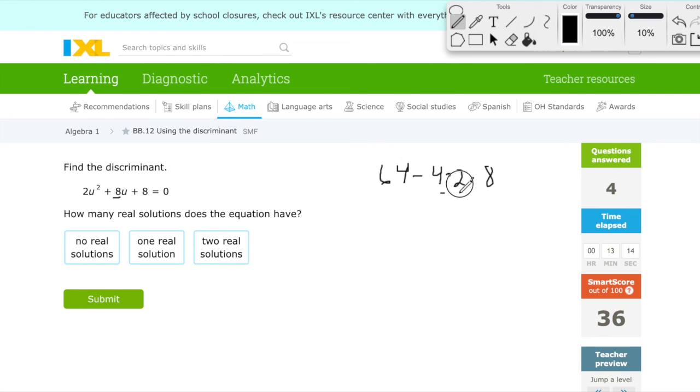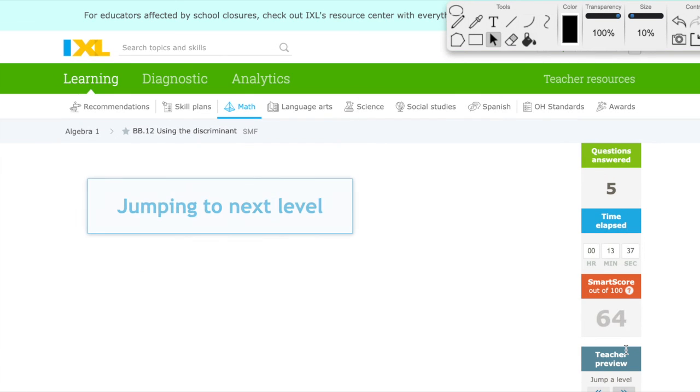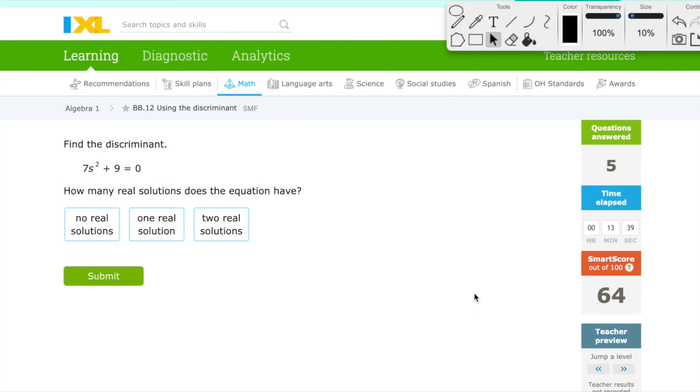Remember, this multiplication all happens first. 4 times 2 is 8, times 8 again is 64. So I'd have 64 minus 64, and that would give me 0. So that would actually be what we just talked about right there. Crazy how that works out. Alright, so let's skip ahead and see if there's anything else that we didn't touch on.